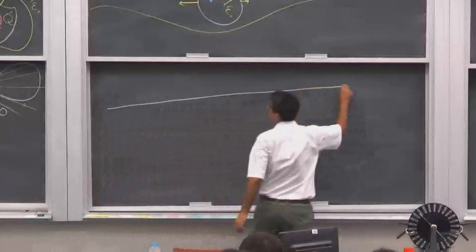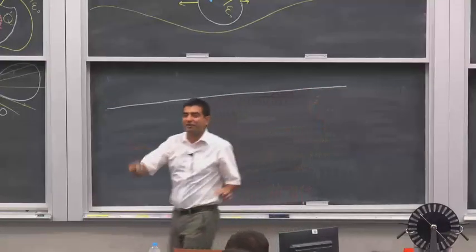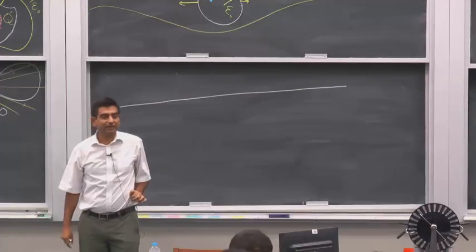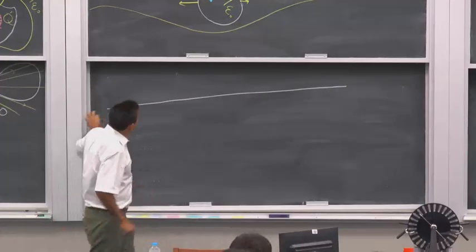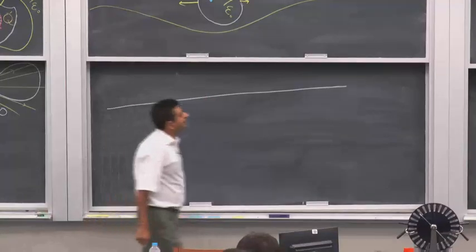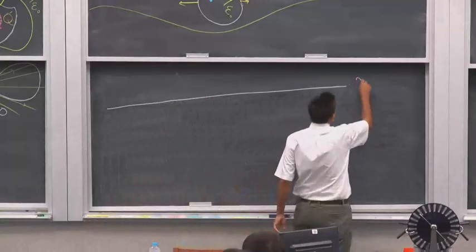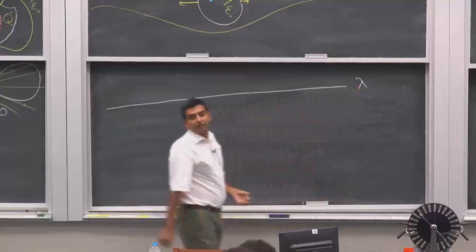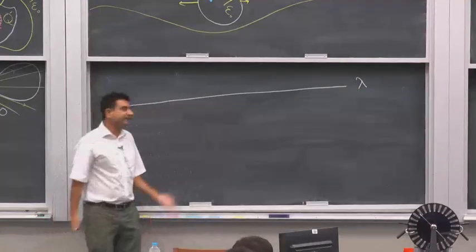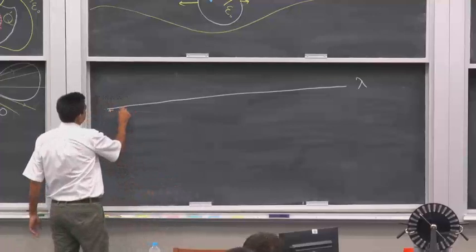Suppose I have a line, and this is a one-dimensional line and it's charged. So this charge is uniformly distributed on this line, and it has a linear charge density lambda, which means that per unit length the charge is lambda, and suppose it's positively charged.